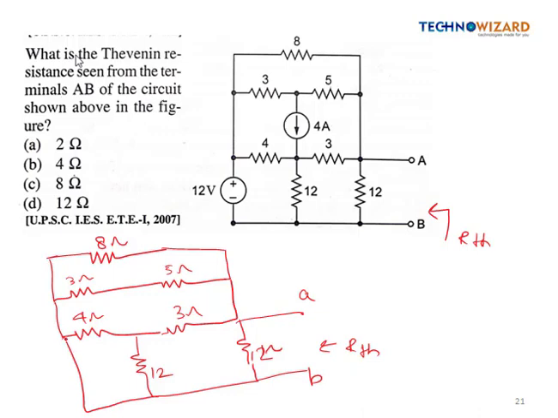So now these two are in series, right? So it will be 8 ohm, and 8 ohm in parallel with 8 ohm will give 4 ohm. So our circuit will be 4 ohm in parallel with this 4 ohm, this 3 ohm, and this 4 ohm.